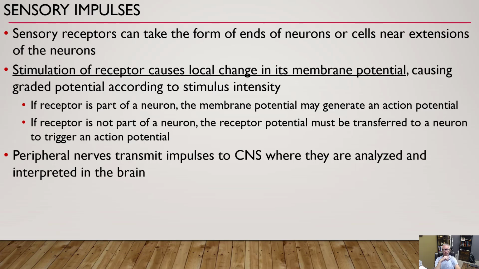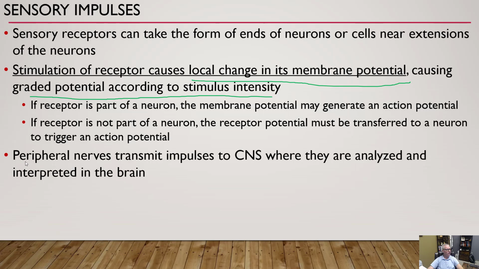And as those receptors pick up that information, they're going to cause that local change in the membrane potential, just like we saw with skeletal muscle contraction. And it's going to cause that graded potential according to that stimulus intensity.